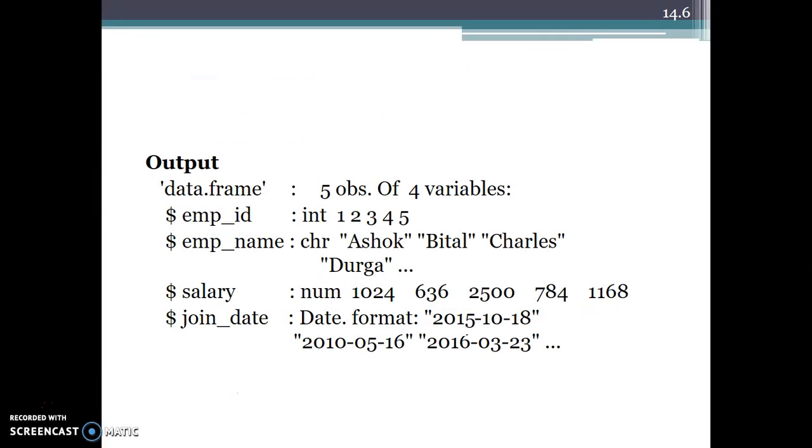The first thing it tells us is the name of the frame. It says there are 5 observations, and 4 variables. The names of the variables are given below. Employee ID is integer, employee name is character, salary is numeric, and join date is date format.